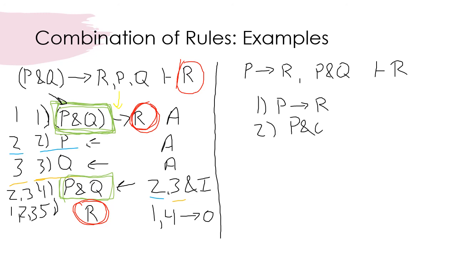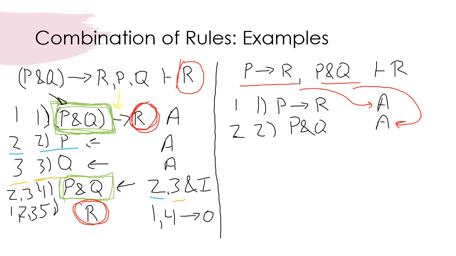P and Q. We'll mark them with assumptions, just like we did before. So I've got two premises. They are both marked with assumptions. So I have line 1 here, line 2 here, because those are wherever our assumptions appear.